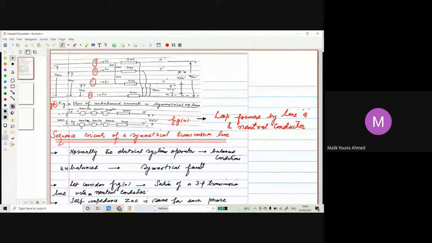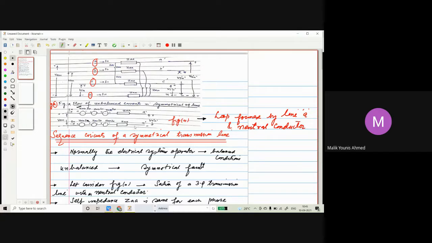So you can see here, this is ZAB and IB. Phase B has been considered because that will be treated as a voltage source. ZAB IC, phase C. Now neutral has its mutual impedance ZAN, ZAN IN. Self impedance in phase A is ZA. ZA has been considered.